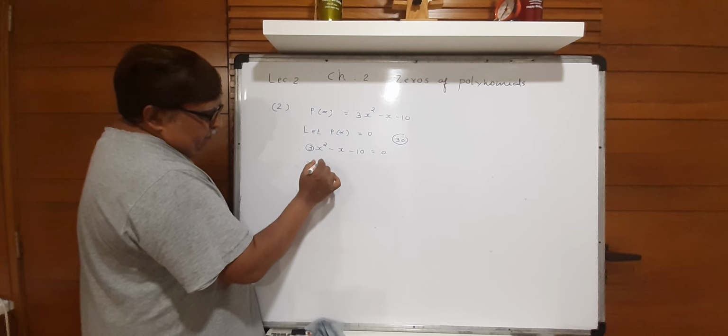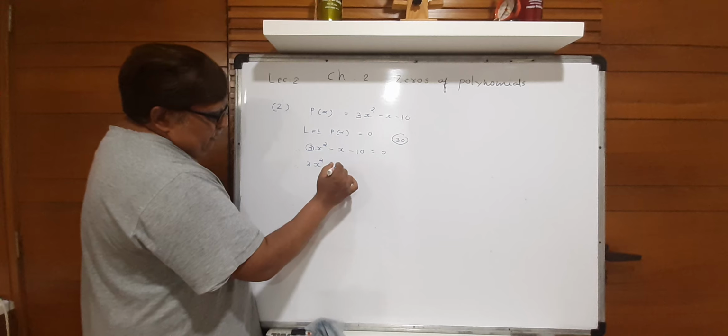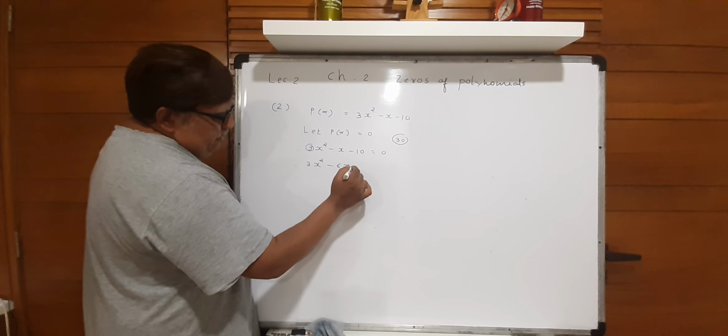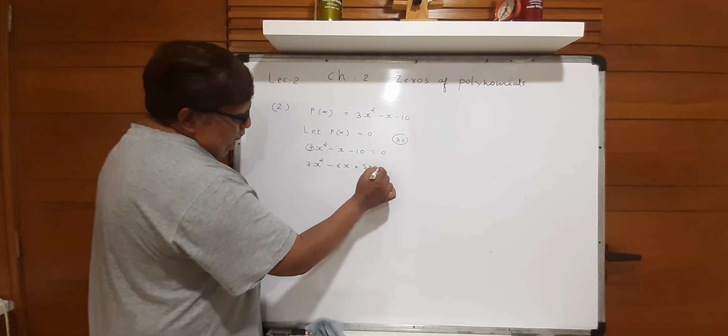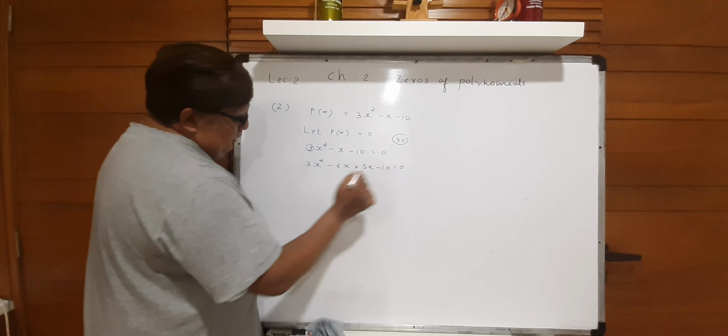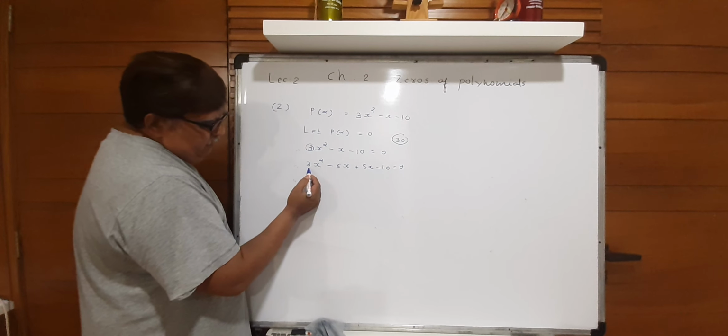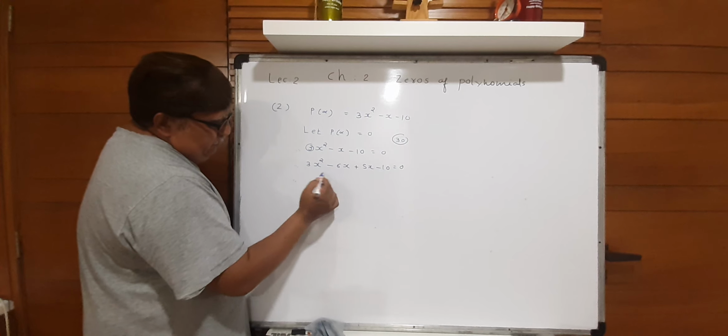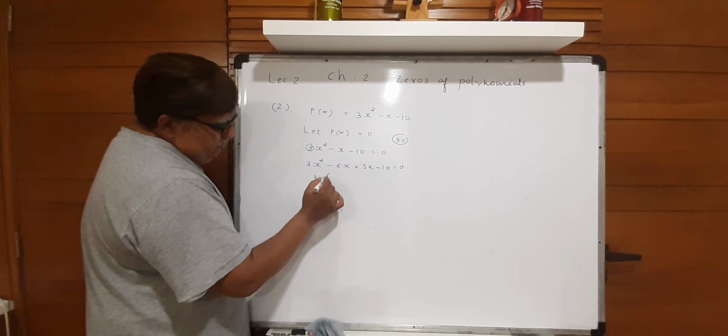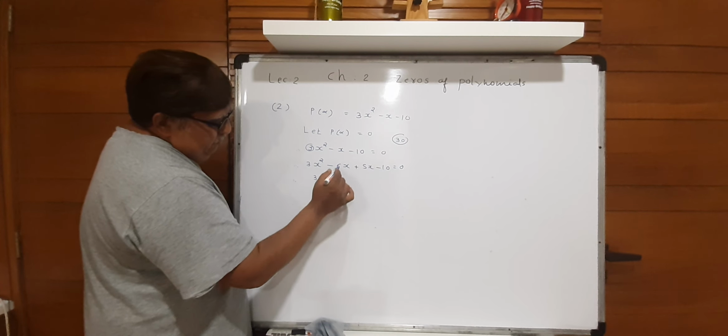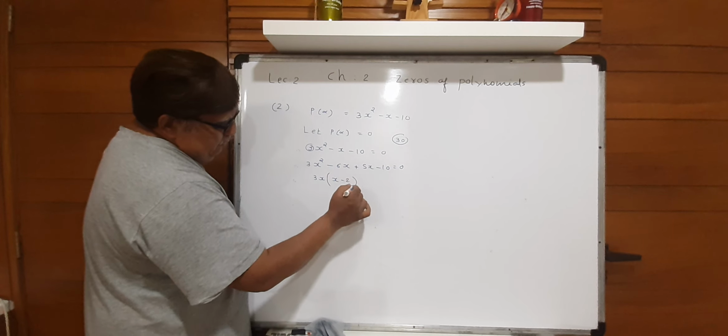So 3x square minus 6x. Because you take this minus, this is plus. Take out common. What is common from first two term? 3x common. X, 3 twos are 6. Okay.